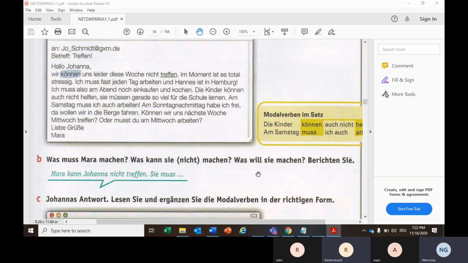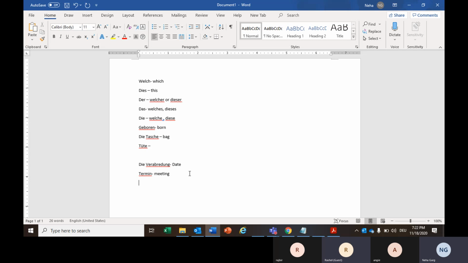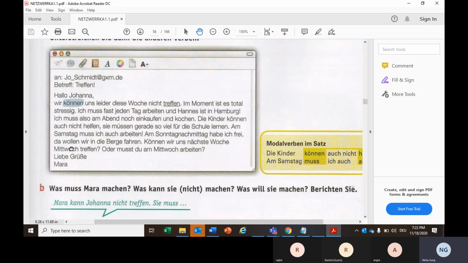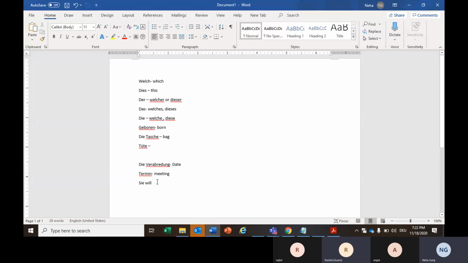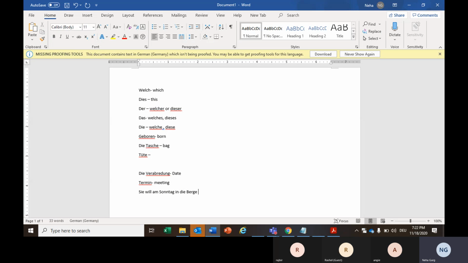Okay, so here, was will sie machen will be: Sie will, not wollen. She wants to. Here, wollen has been conjugated as per wir, but here you have to write the sentence as per she. So, sie will am Sonntag in die Berge fahren, not auf. In die Berge, in the mountains.